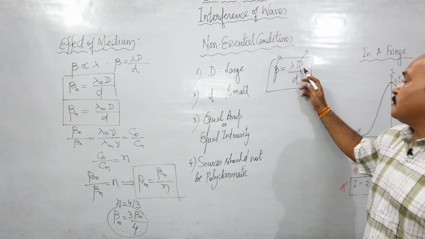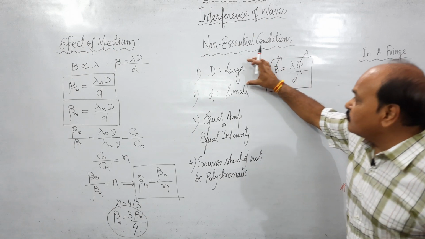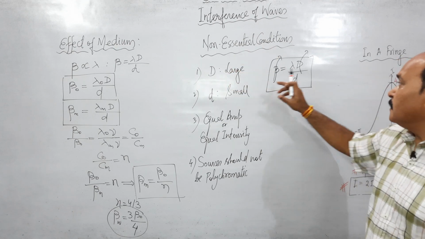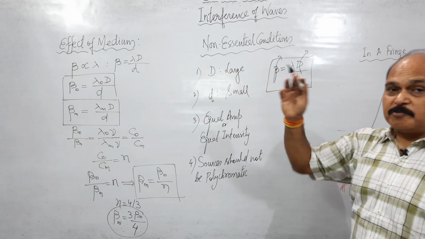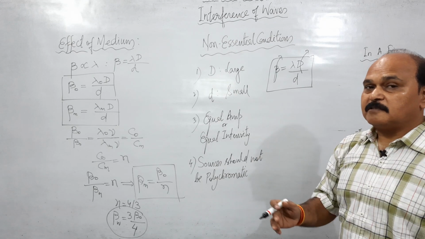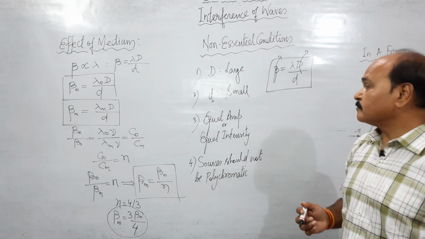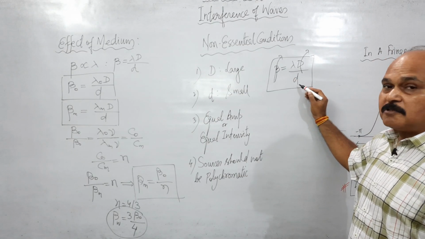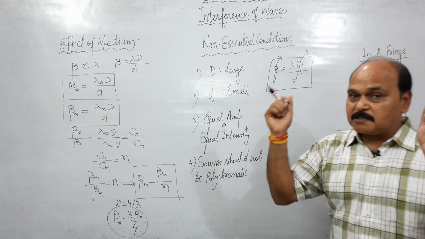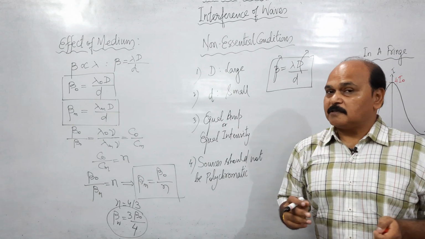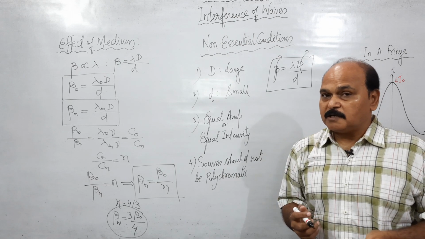Beta is directly proportional to capital D. Therefore, fringes are going to be wider and more clearly visible when capital D is more. That is, the distance between source and screen should be large for wider fringes so that visibility is more. Beta is inversely proportional to small d. That means when the distance between the coherent sources is small, the fringes are again going to be wider and more clearly visible.